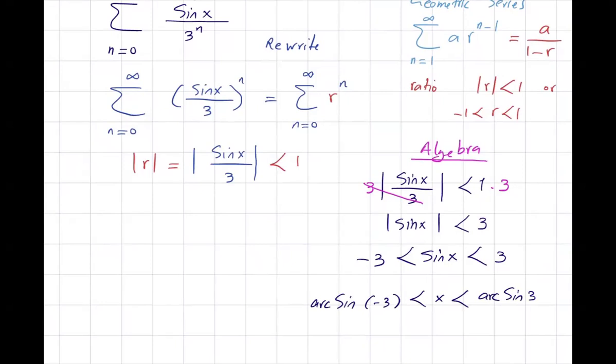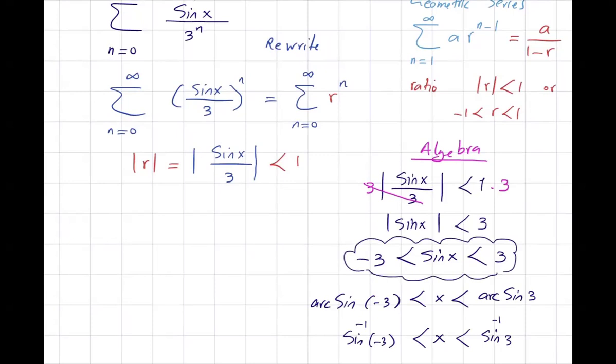So either is fine. If you don't feel comfortable writing arc sine, because you have to use a calculator to calculate the values for your inverse sine or arc sine, another way to write this is inverse sine of -3 and inverse sine of 3. So as long as your sine x is bounded between -3 and 3, or your x is bounded between arc sine of -3 and arc sine of 3, then this series is convergent.